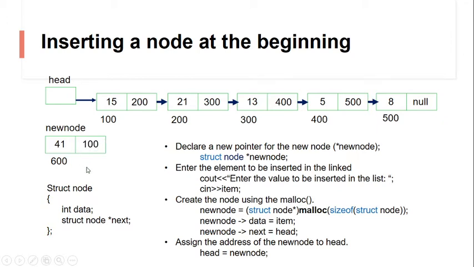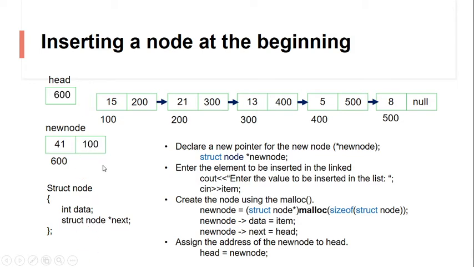Therefore, this arrow connected from head to address 100 will now be removed, because the head is now pointing to 600 as the first node, which holds item 41.